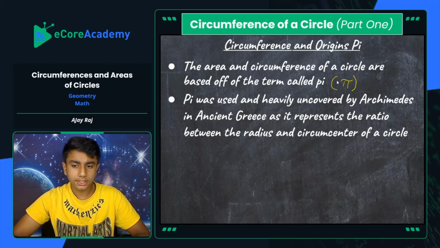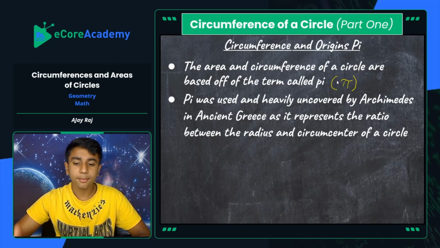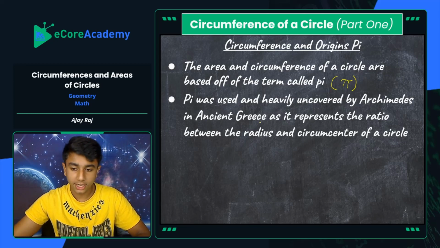And of course, Archimedes had heavily uncovered pi, as pi actually stands for and represents the ratio between the radius and the circumference. Sorry, that should say circumference. I apologize.